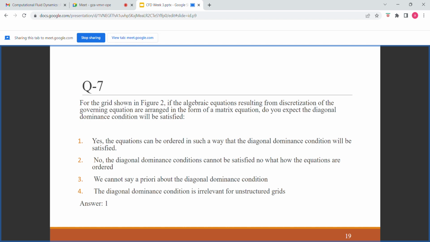The given options are: option 1, yes, the equations can be ordered in such a way that the diagonal dominance condition will be satisfied; option 2, no, the diagonal dominance condition cannot be satisfied no matter how the equations are ordered; option 3, we cannot say a priori about the diagonal dominance condition; and option 4, the diagonal dominance condition is irrelevant for unstructured grids.